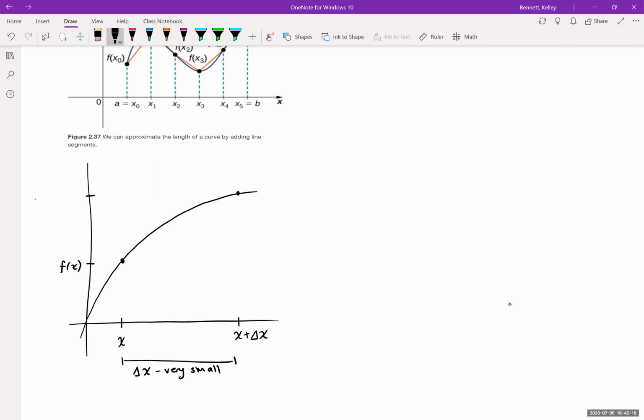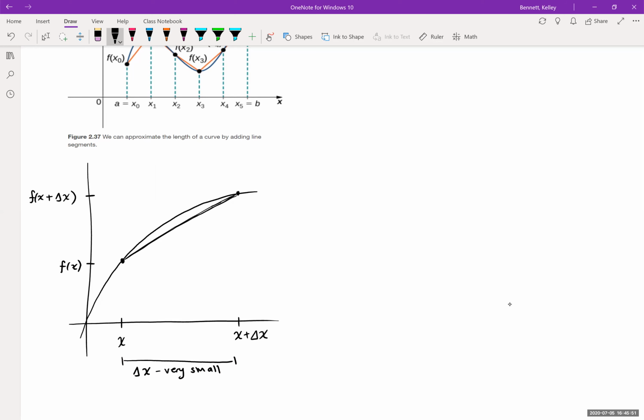And the second height is going to be f of x plus delta x. So even though I can't truly say what this length is between these two points, I can estimate it by drawing the secant line here.